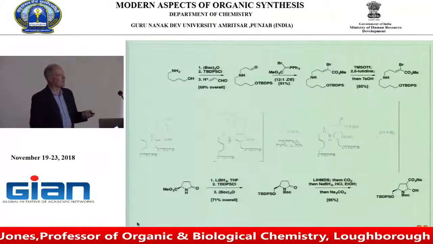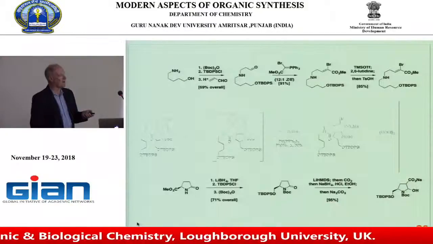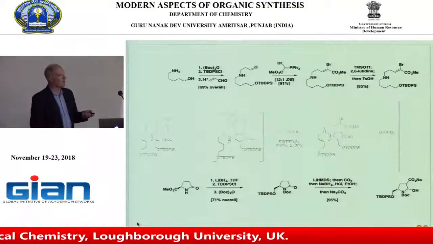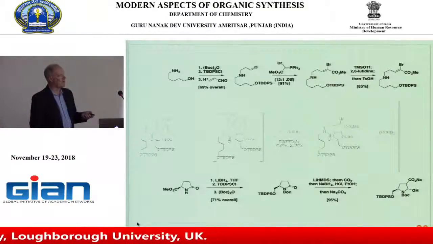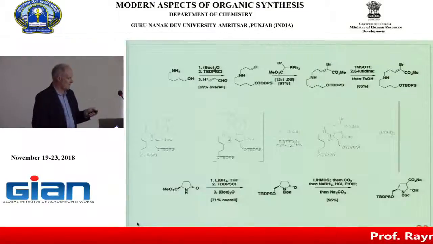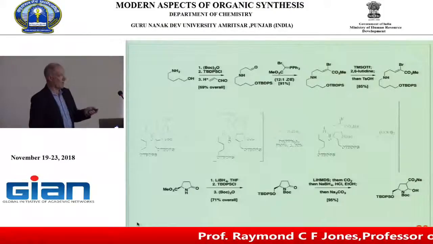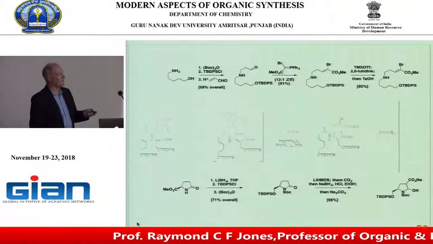Now we've now got to build in that we need an oxygen functionality and an alkene chain on this side for metathesis, and we need to make some more alkenes for metathesis on the left-hand side as well. So that structure, this is the same as was on the last step of the last slide.